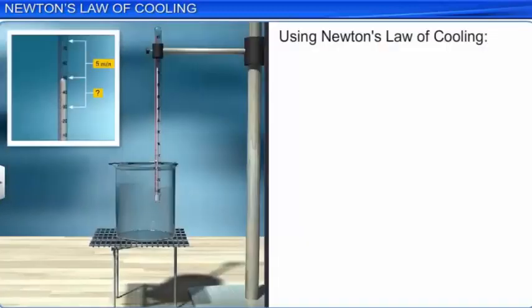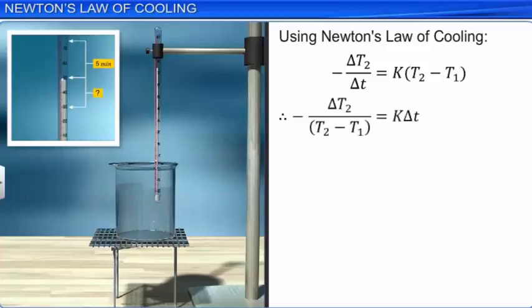Using Newton's law of cooling, minus delta T2 by delta T is equal to K into T2 minus T1. Therefore, minus delta T2 by T2 minus T1 is equal to K into delta T. Let this be equation 1.